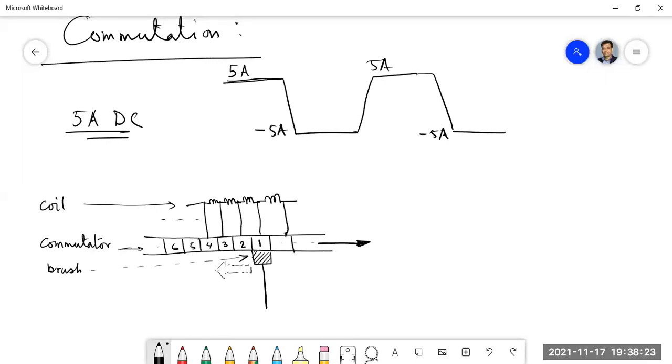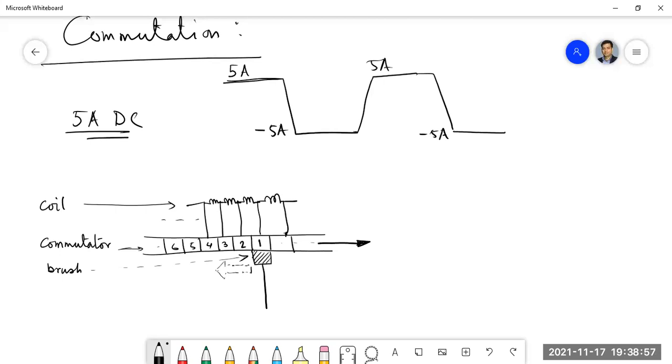Got my point? After some time, it will leave commutator segment 1 totally and it will be in contact with commutator segment number 2 totally. Now it is in contact with commutator segment 1. After some time, when the brush leaves some portion of 1, it will be in contact with some portion of commutator segment 2.